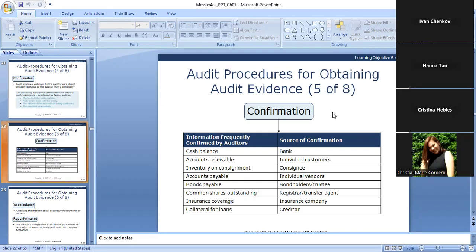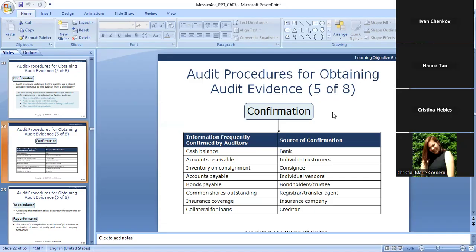If you want to check the bonds payable, you're going to go to the bondholder, and you're going to ask the bondholder for the original document. If you want to check the common shares outstanding, you're going to go to the registrar, because every single share has to be registered in the documents for the local province and whatever jurisdictions the company operates in.